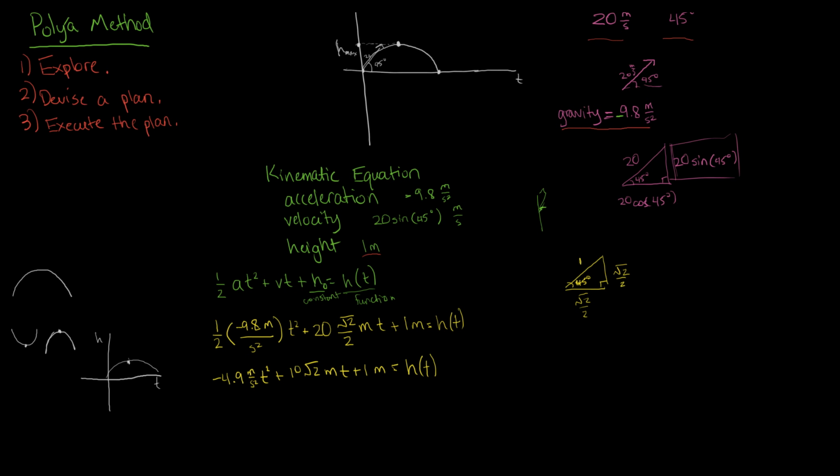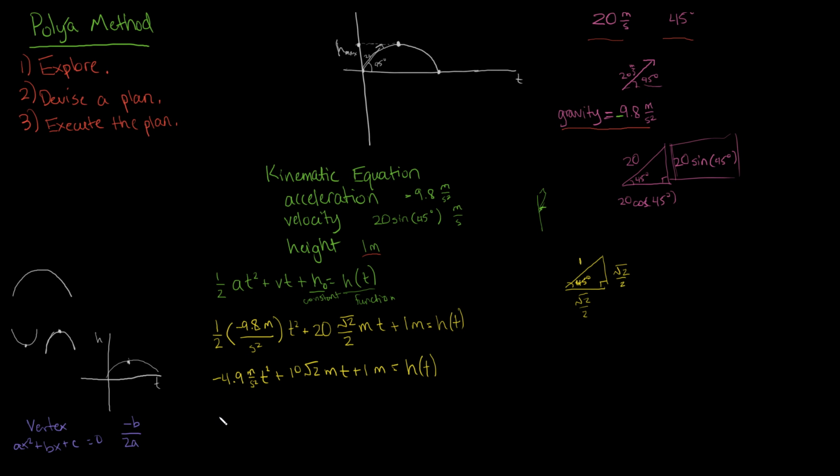So let's remember what the vertex is. The vertex of a parabola in the form of ax squared plus bx plus c equals 0 is at negative b divided by 2a, not negative 2a, but 2a. So if we apply what we have in our quadratic equation up here, our b is 10 square root of 2.